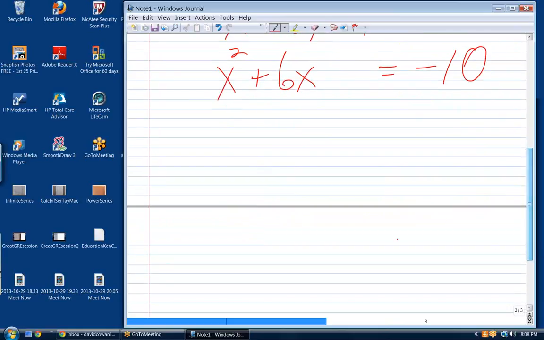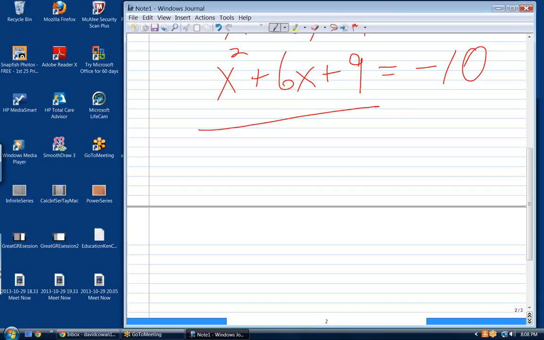To complete the square, you take half of the coefficient of your x term, square it, and add it. So what's half of 6? 3 squared is 9. I just completed the square on the left side of the equation. However, since I added 9 to the left side, I have to add 9 to the right side to balance things out.